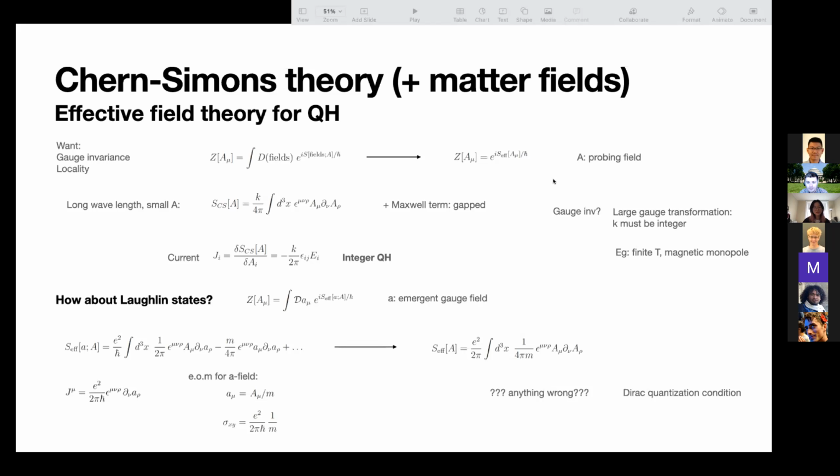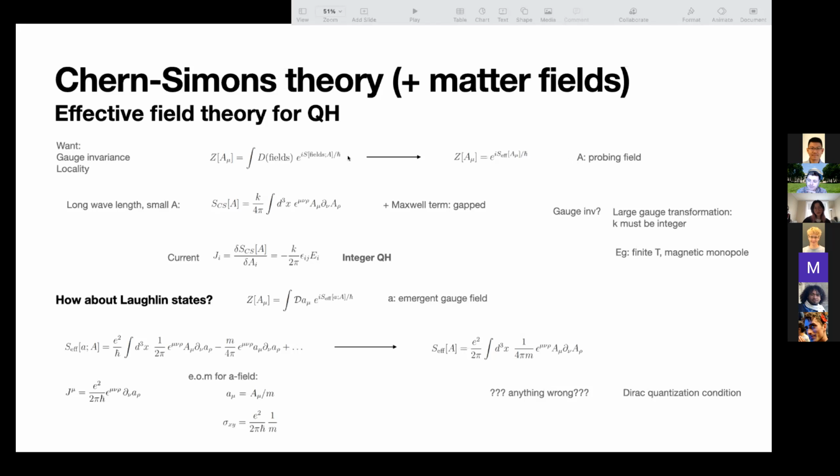By effective field theory, I just mean since the quantum Hall states are gapped, we can integrate out those matter fields and get some effective action with a background gauge field, where the gauge field is a probing field. The original magnetic field that caused the quantum Hall state is not included in this big A.